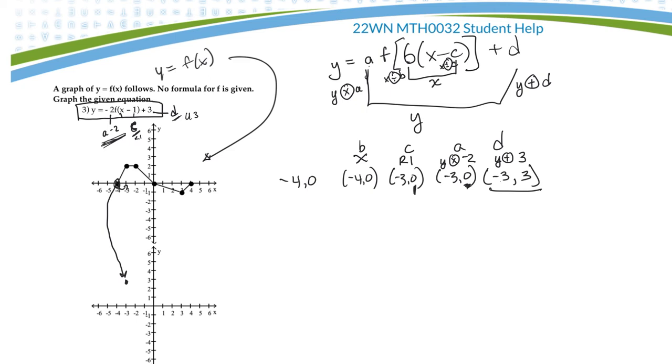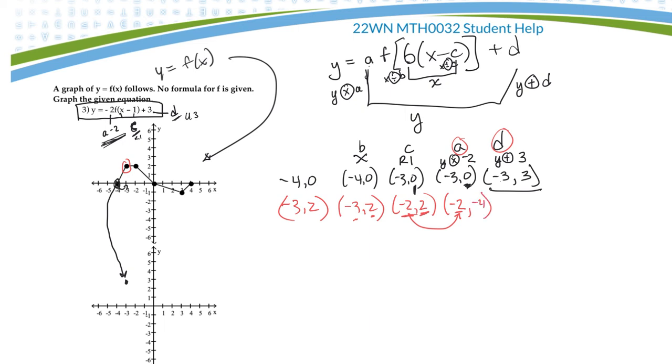Let's do another point, like this one right there. -3 and 2 is the point. For B, nothing happens. I have to move right by 1, so if I'm at -3, moving right 1 puts me at -2, 2. Notice I don't change the y value, I'm just changing the x. Now with A and D, I have to change the y value, so the x value doesn't change. I take this y value and multiply it by -2. 2 times -2 is -4.